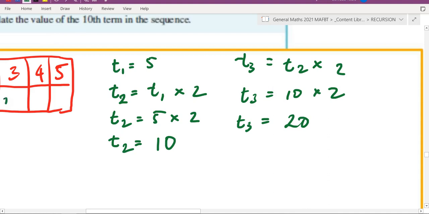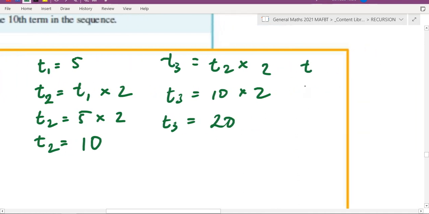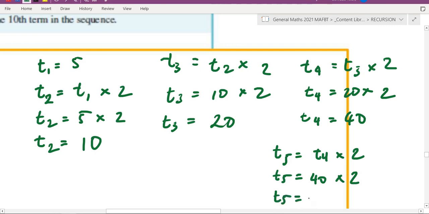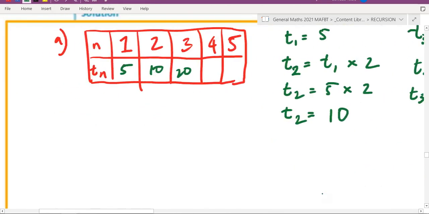T4, and you can see the pattern here, I'm just repeating it. It's T3 times 2, which means T4 is 20 times 2, which equals 40. And then T5, I'll do it really quickly, is T4 times 2, which means 40 times 2, and T5 is equal to 80. So I've got 40 and 80.